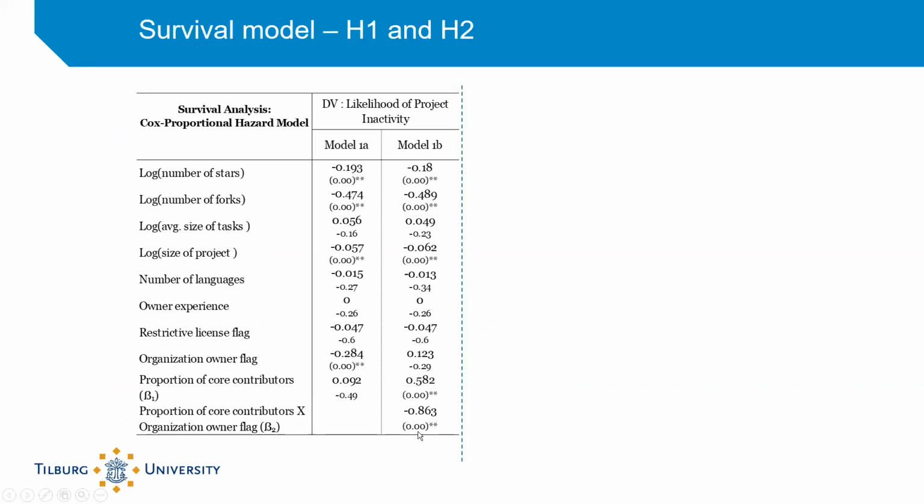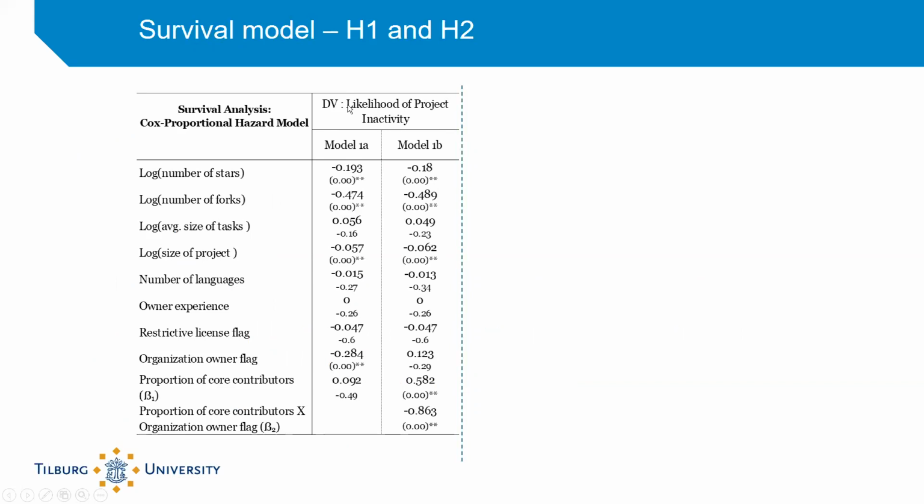So here the regression model that I use is called a survival model. It's not exactly a regression model, but it's close enough. It has its own benefit when you're doing survival analysis, but I thought this is a nice example as well. Basically over here, the dependent variable becomes likelihood of project inactivity.